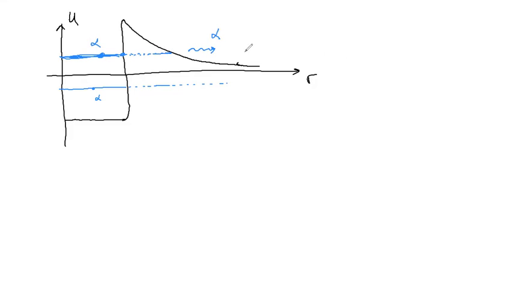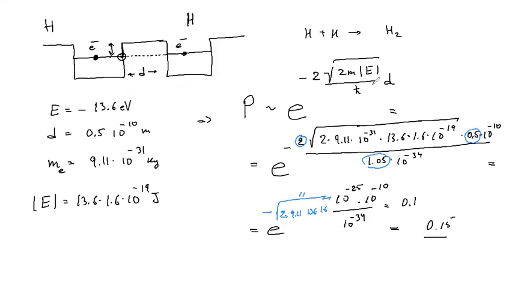So you have a probability to tunnel through, but the probability will depend on parameters like how wide is your potential barrier and how much energy you need to overcome this. So basically you can use a similar estimation like this for the tunneling.